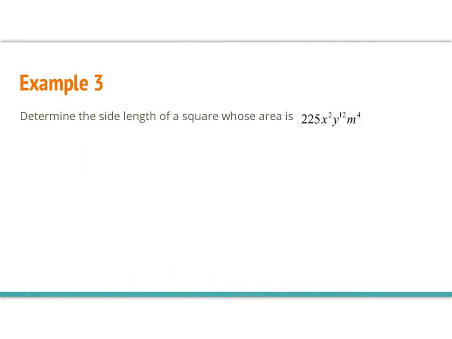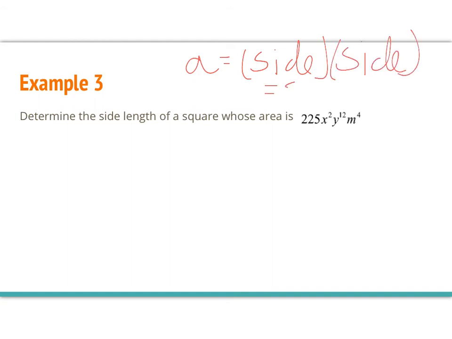Determine the side length of a square whose area is 225x squared, y to the 12, m to the 4. So again, area is equal to a side length times the same side length, which we could say is the side length squared.